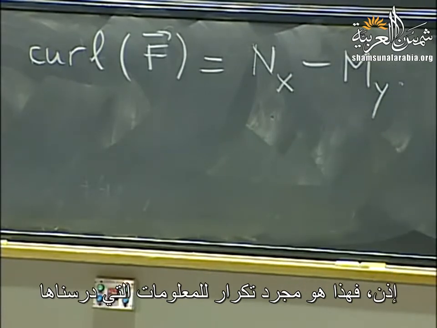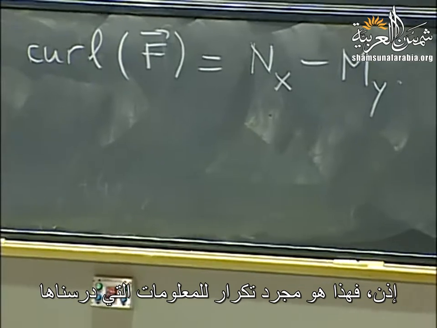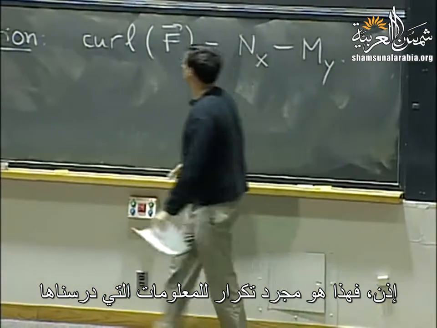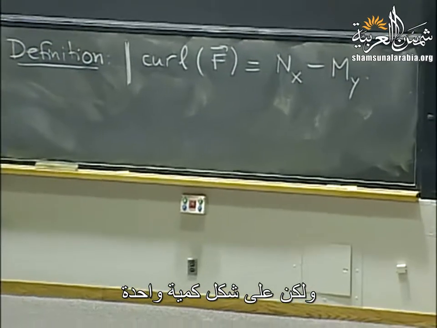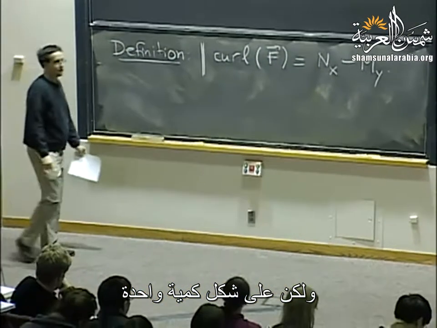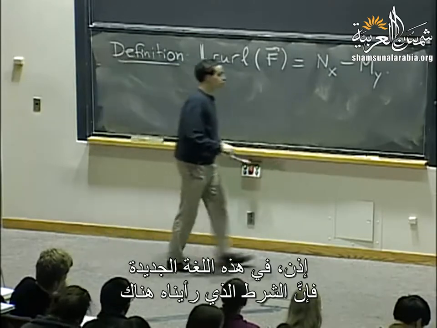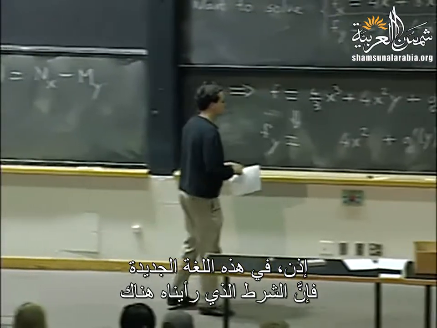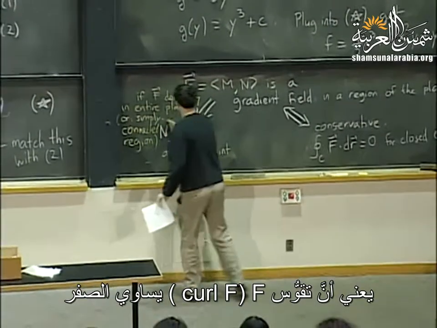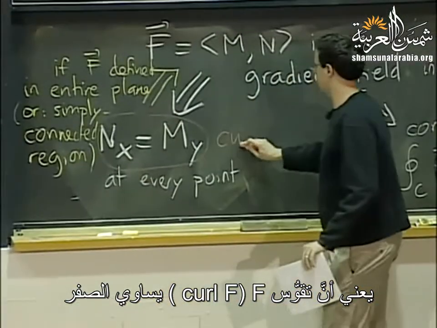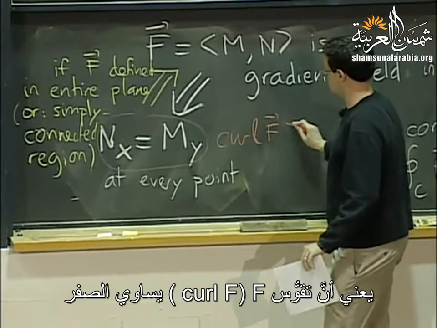So it's just repackaging the information we had, but in a way that's a single quantity. So in this new language, the condition that we had over there says curl f equals 0.